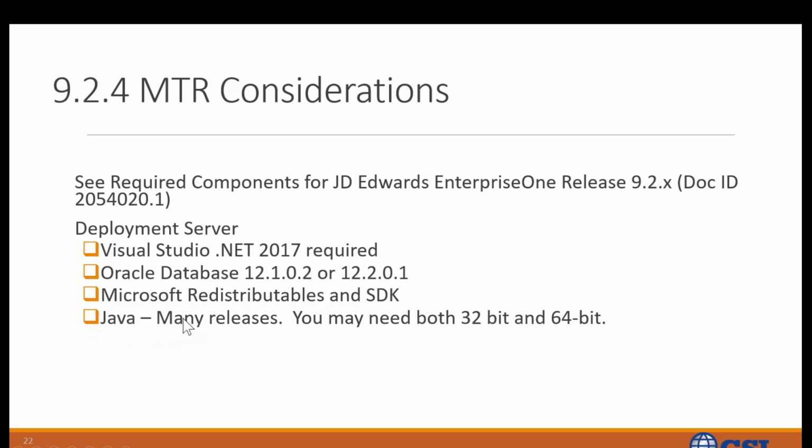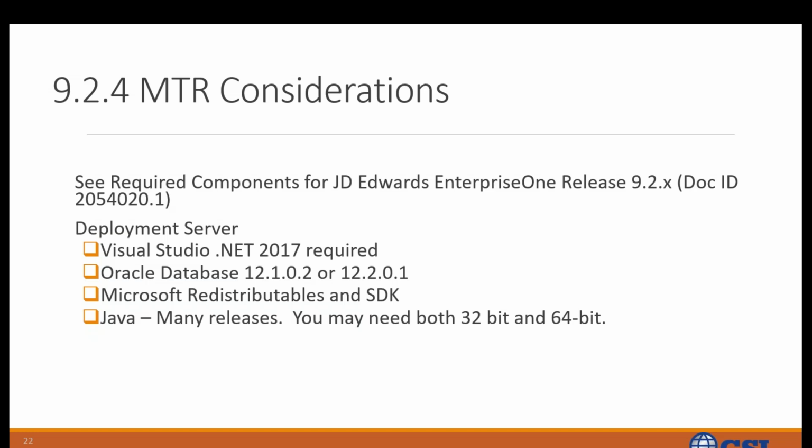And Java is where Visual Studio is an issue, and Java is also a real issue. If you're looking to use 64-bit and also need 32-bit, you're probably going to need both, and they may be at different release levels to get you to the proper one.